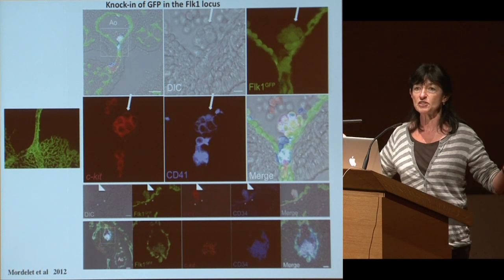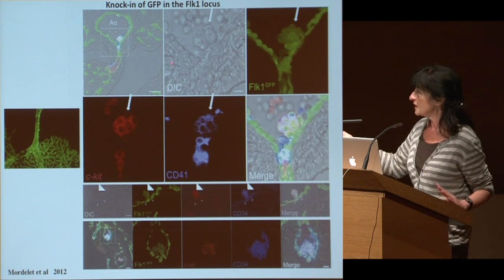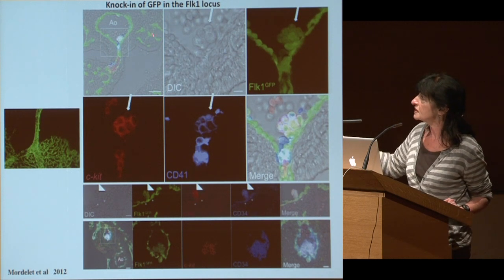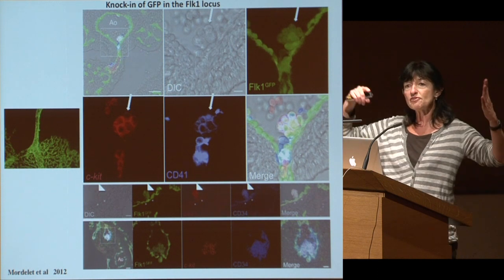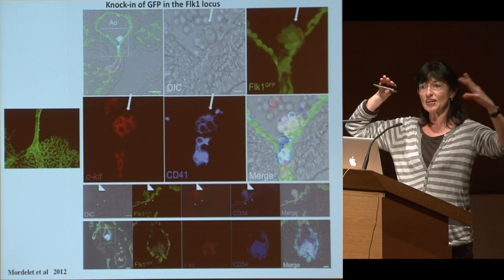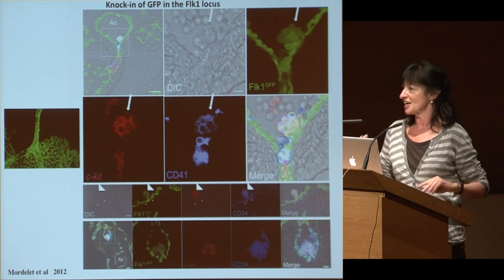So in this AGM region, the main region that contains those early progenitors is the aorta, but you find them also in the omphalomesenteric and vitelline artery, shown here. Now, the omphalomesenteric and vitelline artery goes through the placenta, through the yolk sac.